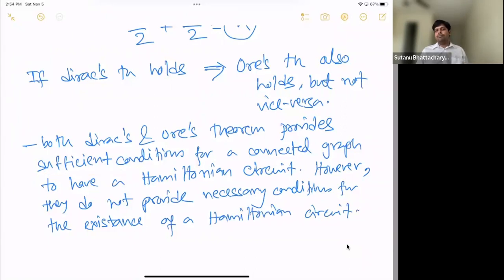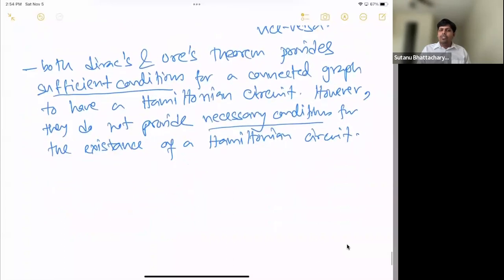It means if some graph satisfies this condition, then there will be a Hamiltonian circuit. But if a graph doesn't satisfy this condition, that doesn't mean there will be no Hamiltonian circuit. So it's a sufficient condition, but not a necessary condition. And again, no polynomial time algorithm exists to solve this problem.